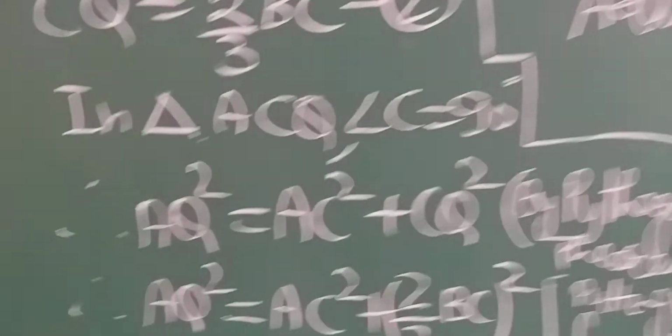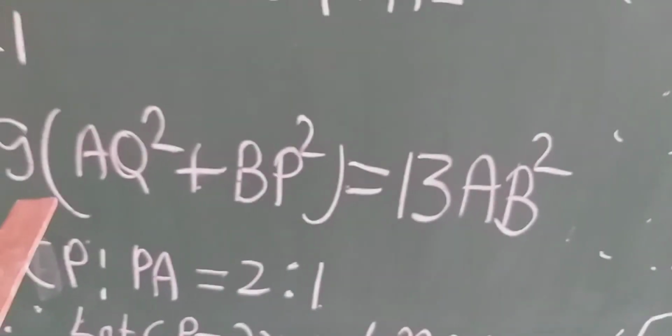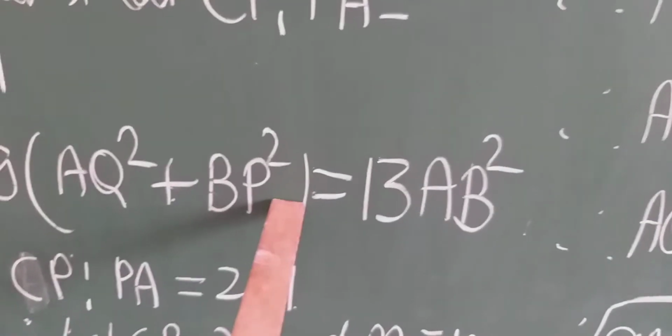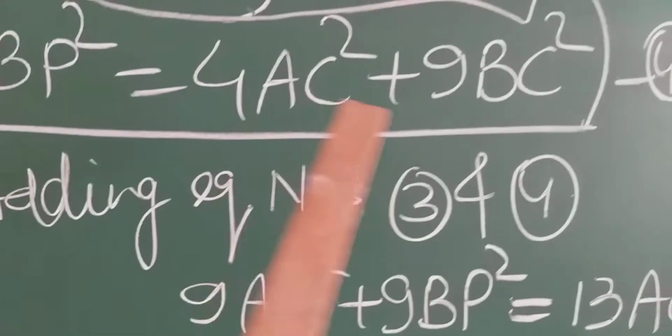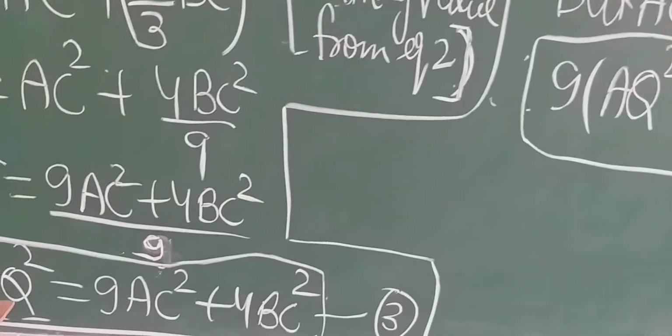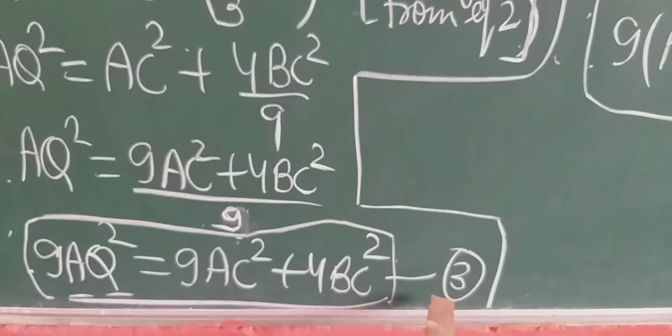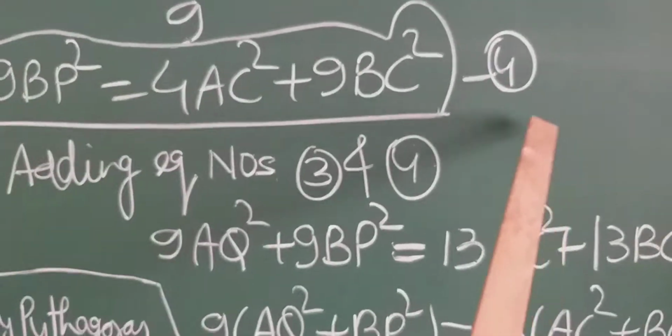Now students, we have to add AQ square plus BP square. So let us add equation number 3 and equation number 4.